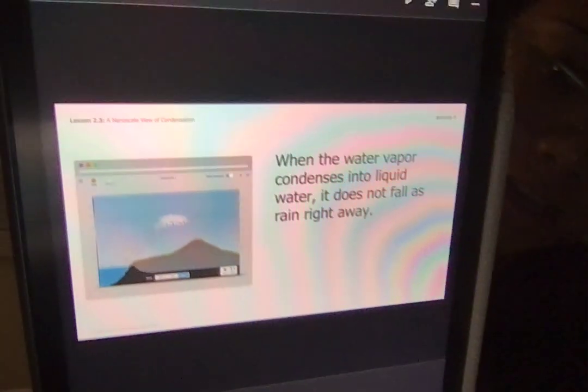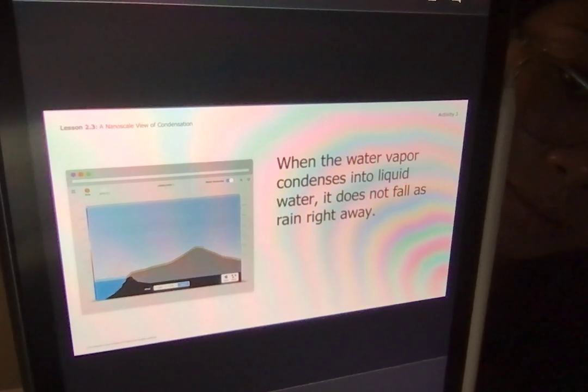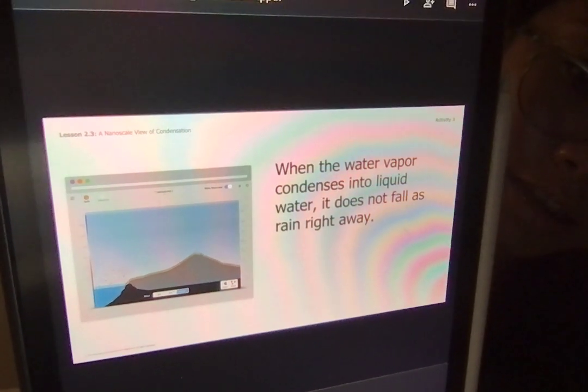As we can sort of see here in the simulation, sort of doing a slow-mo for you guys, we can see that the more and more water vapor, it doesn't always mean that it will fall right away. What do you notice when raindrops form? And some students may respond, raindrops form after a lot of water vapor condenses into liquid water.